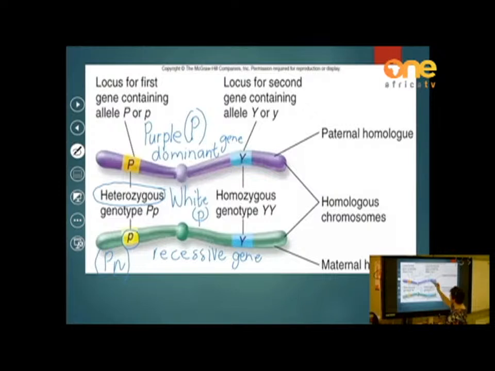Okay, but what happens with these alleles? Locus for second gene containing alleles has a capital Y and a capital Y. Yes? So, we say it is homozygous in its genotype. Let's say that capital Y was for round seeds. Round seeds.